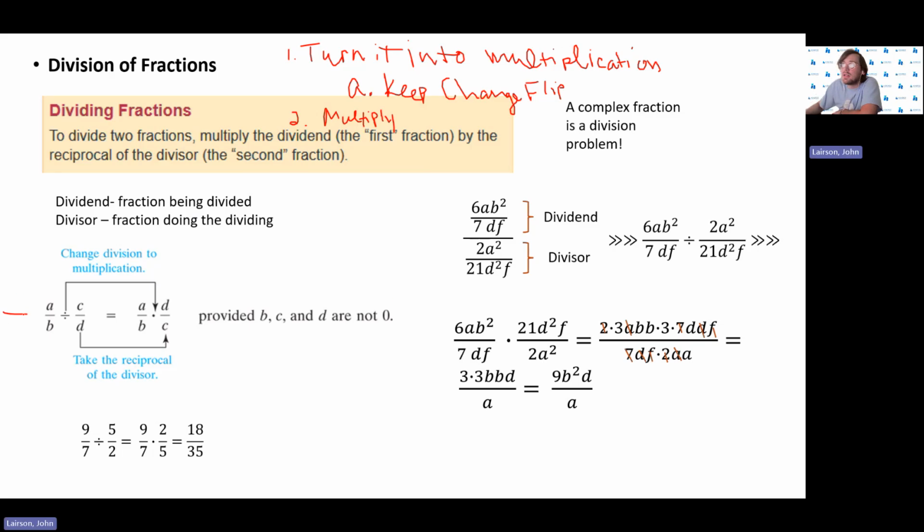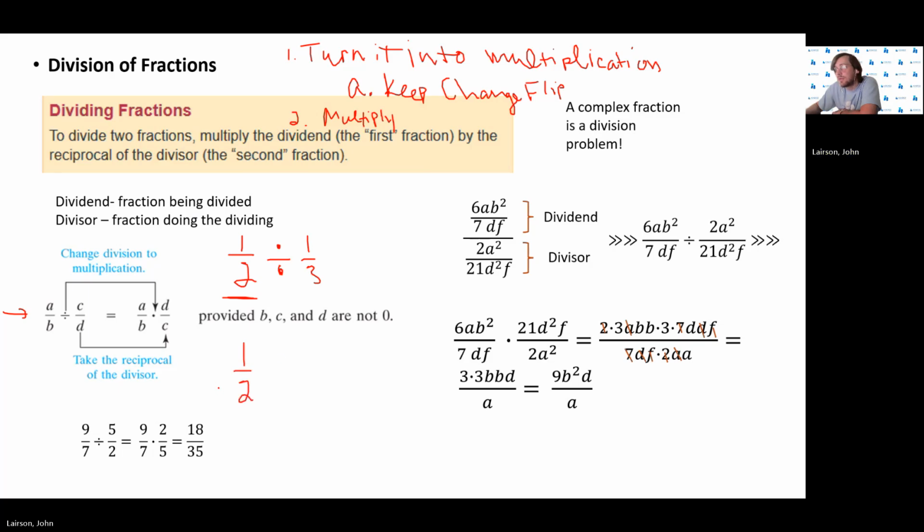We've got this here with letters, but I like to do it with numbers because I know a lot of people don't like letters in math. So if I do 1/2 divided by 1/3, I'm going to keep the first one, 1/2, as is.